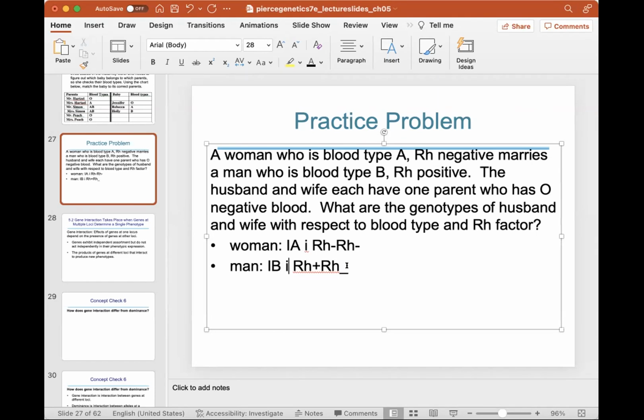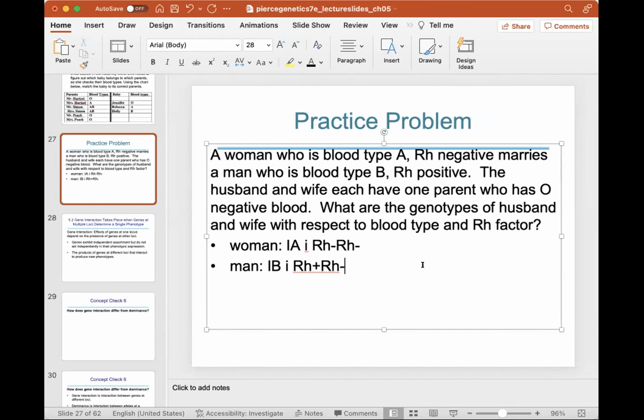And since the parent was O negative, that negative is telling us that the parent was RH negative. So that means that the man's second allele at the RH locus is going to be RH minus. And then that is all that it's asking us.